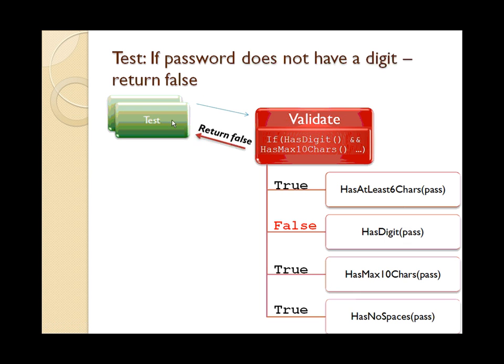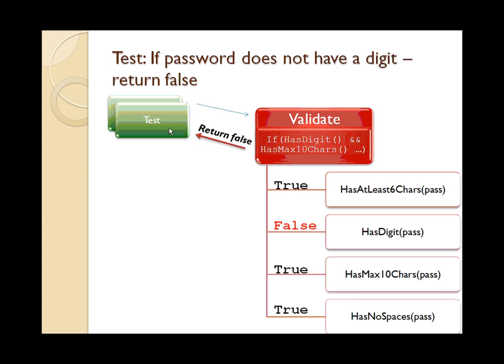We are going to write a test that uses validate, but it sets up the sub-methods here to return the values that the test would like to return. So in our test, the scenario would be if the password does not have a digit inside it, that is, this method returns false. And even though all these other methods return true, the validate method will return false to the test.